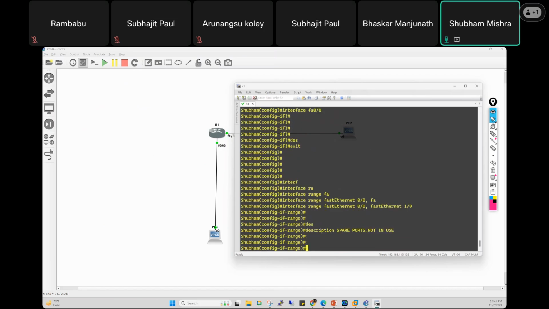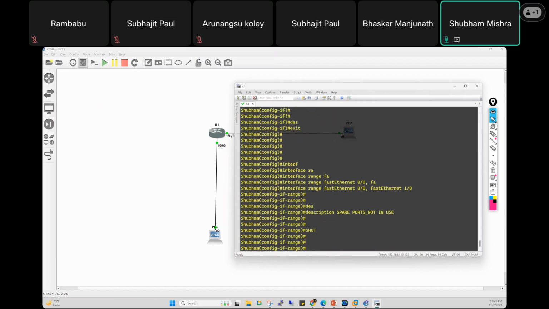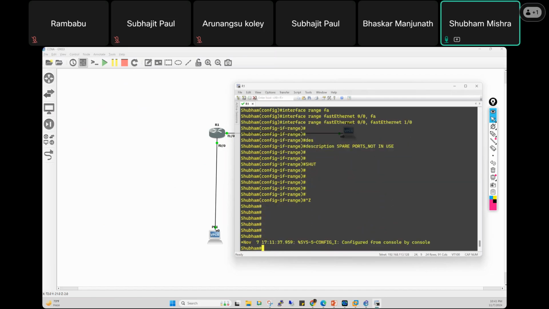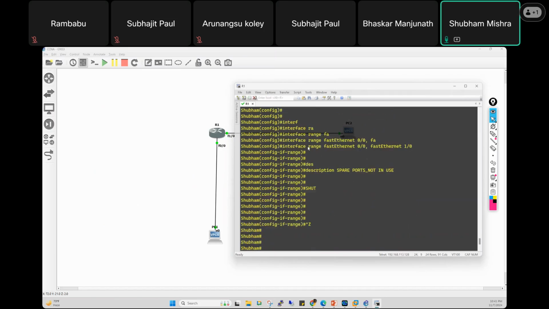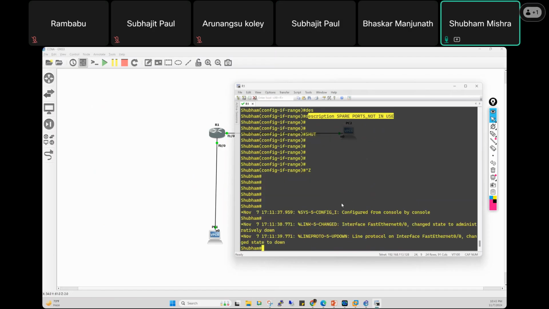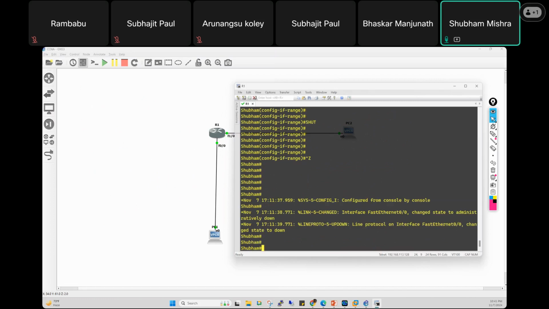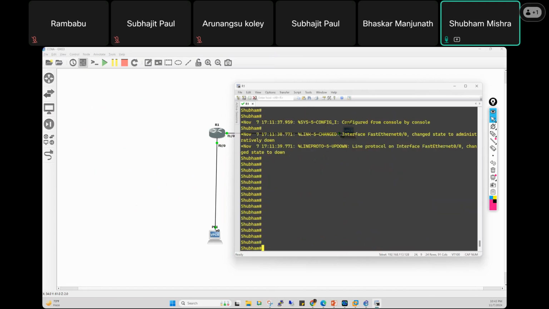Done. And I am writing shut. Done. So what I did here, with the help of this range command, I implemented this description on both interfaces 0/0 and 1/0 at the same time.